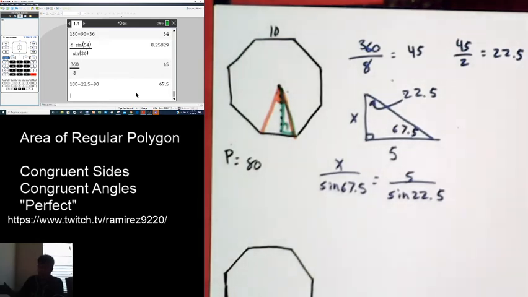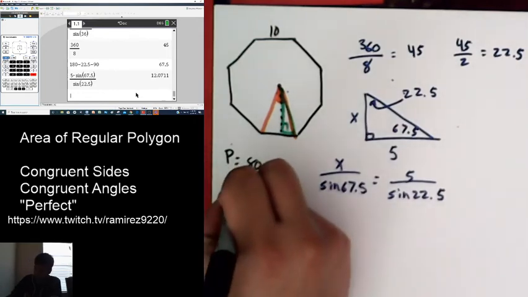Okay. So we do a quick cross multiplication, right? So it's going to be 5 times the sine of 67.5 divided by the sine of 22.5. So I find out that my apothem has to be 12.07.